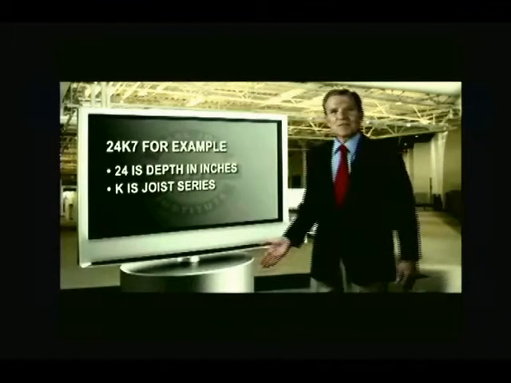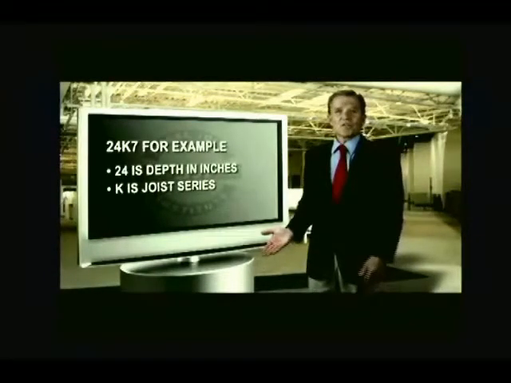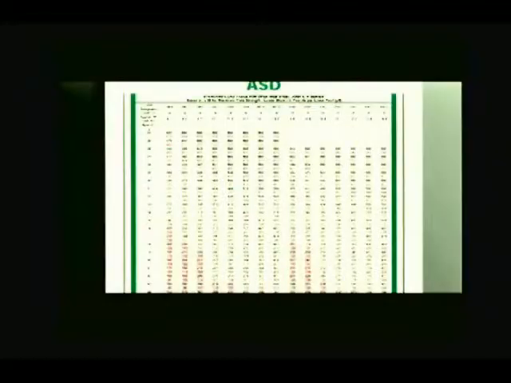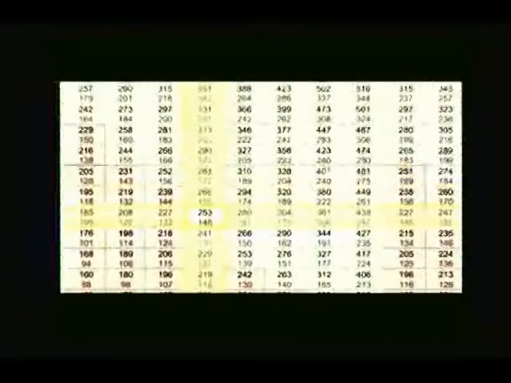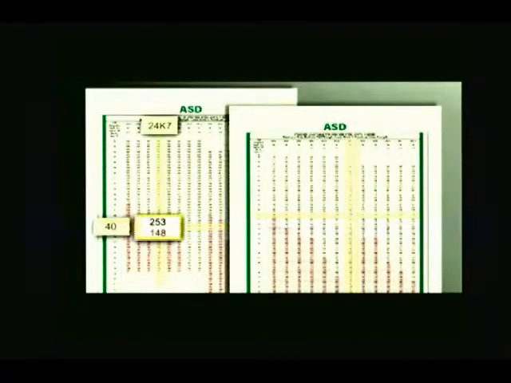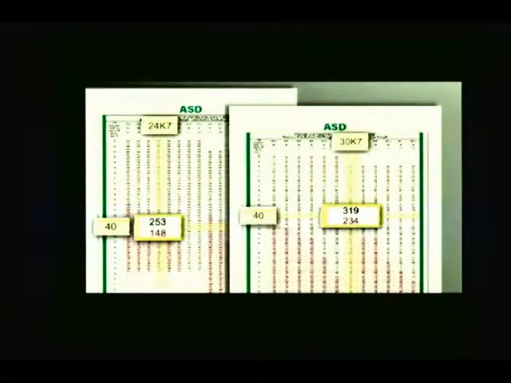The last number is a simplified way to note the required loading. To determine the loading, this number must be cross-referenced to the appropriate load table. Note the loads vary based on span, and a 24K7 at a 40-foot span has a different load-carrying capacity than a 30K7 at 40 feet.